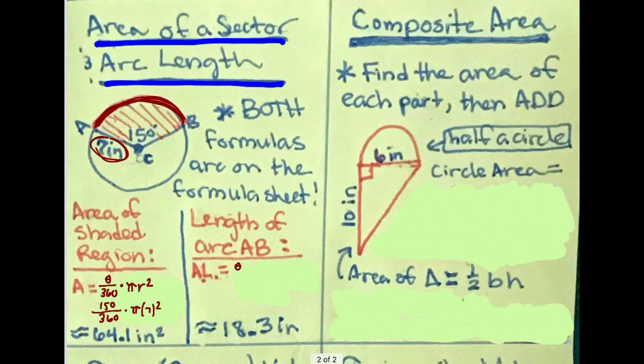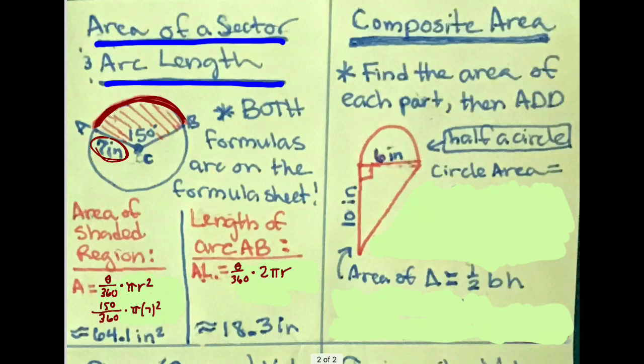You do the angle measure divided by 360 times, well, we're finding a piece of the circumference. So the fraction represents the piece that we want, times the circumference formula, which you can use 2 pi r, or you can use pi d, whichever one you prefer. But once again, the formula is given on the formula sheet. It may look a little different, but it includes all those parts.